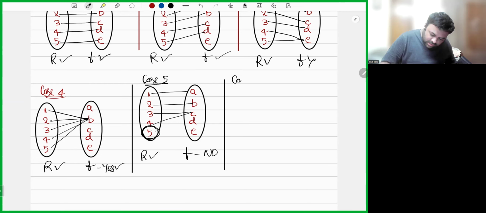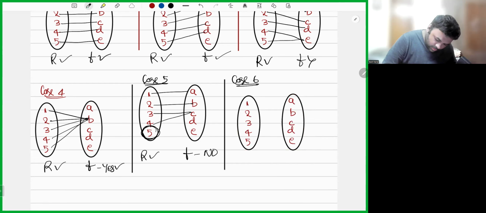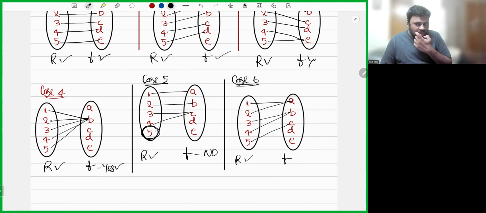Next, case 6. 1 is mapping to A, 2 is mapping to A, 3 is mapping to B, 4 is mapping to B, 5 is mapping to C. Is it a relation? Yes. Is it a function? Yes, sir, it is a function.